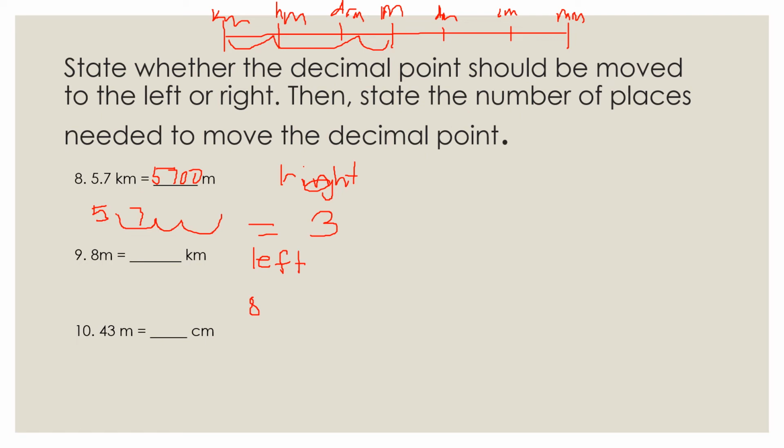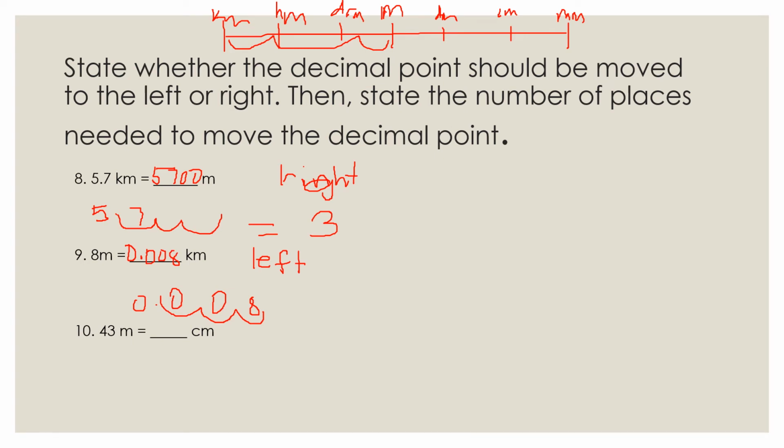That means your decimal point is here. How many steps are we going to move from millimeters? We need 3: 1, 2, 3. That means we need to add 3 zeros. So our final answer is 0.008 kilometer.